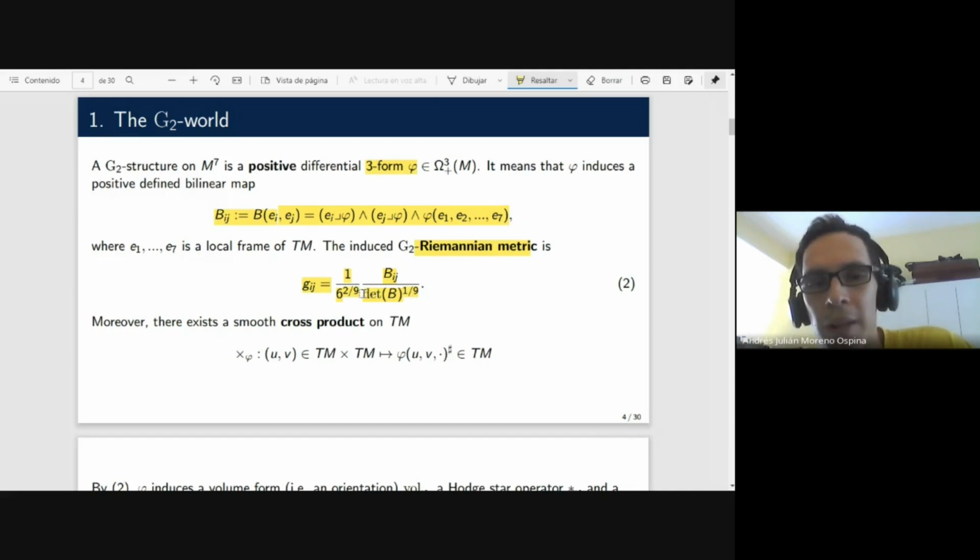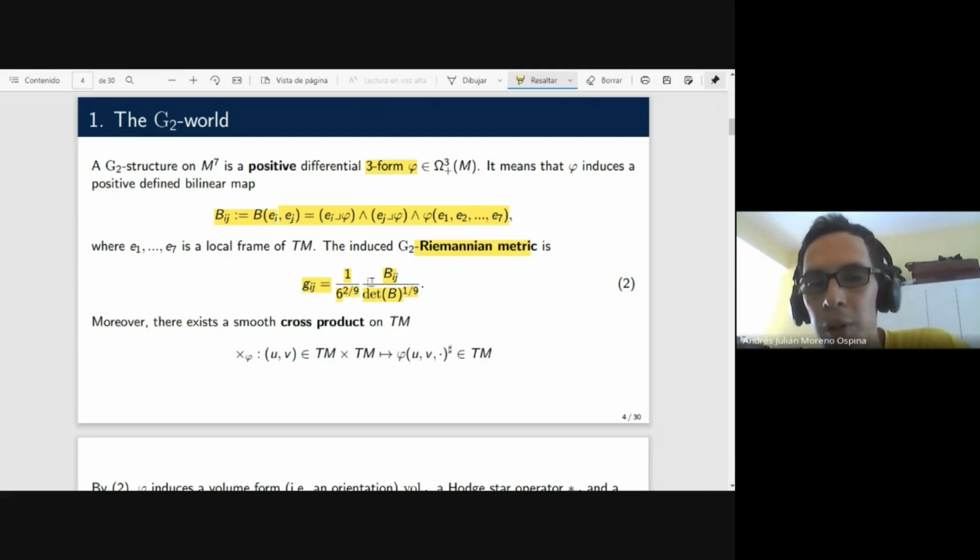But the important thing is that the 3-form phi describes the Riemannian metric itself. So keep this in mind: given a G2 structure, you always have a Riemannian metric induced by it.